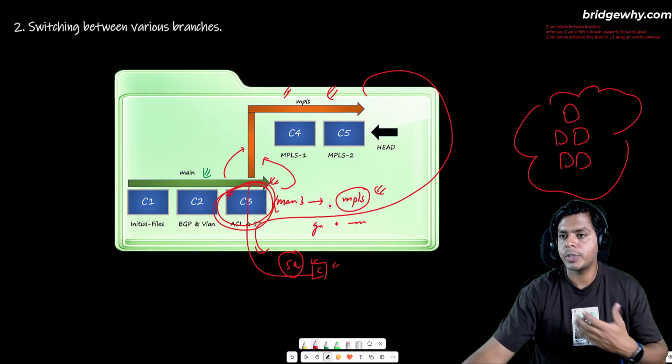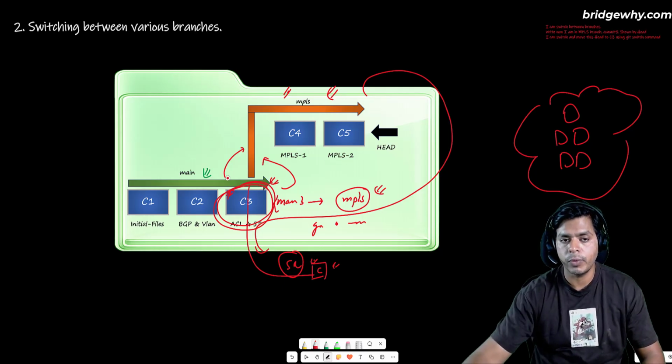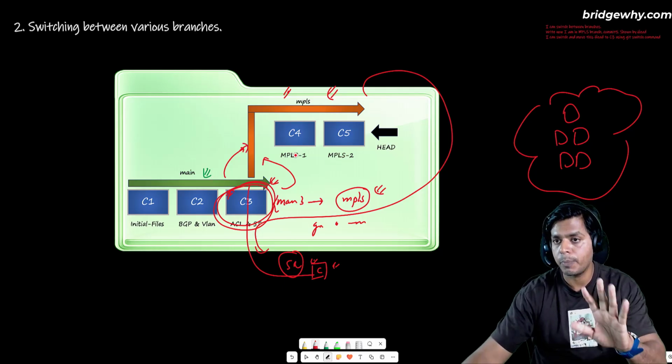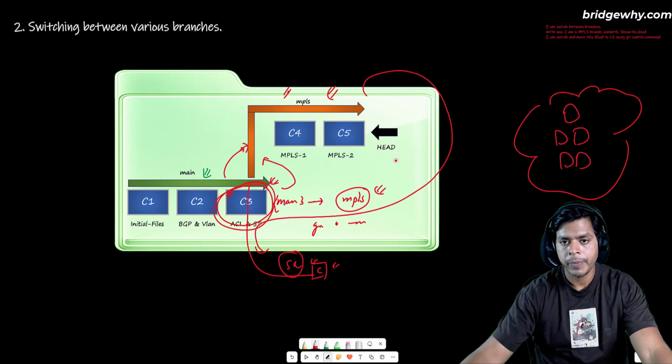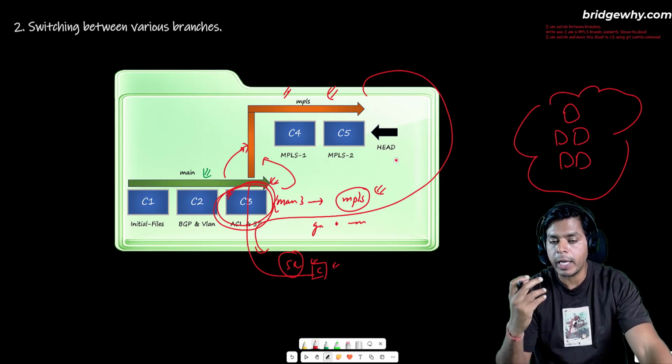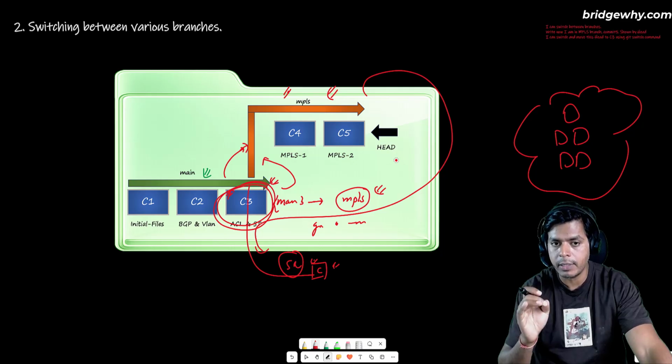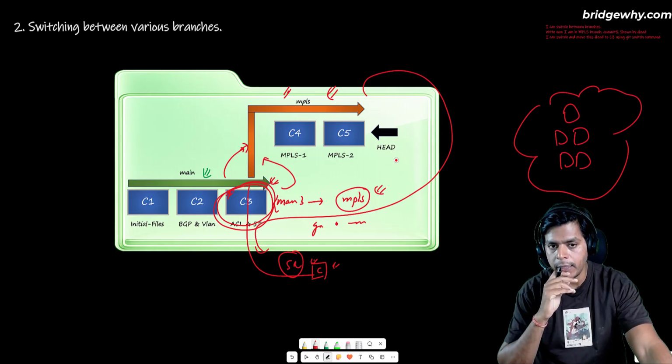And there is no confusion at all, because the confusion point, you have moved from main to MPLS. This is the whole sole point which we were discussing, right? Because it is a general perception that the last commit of your main branch is representing your network state if you are maintaining your network through Git, right?